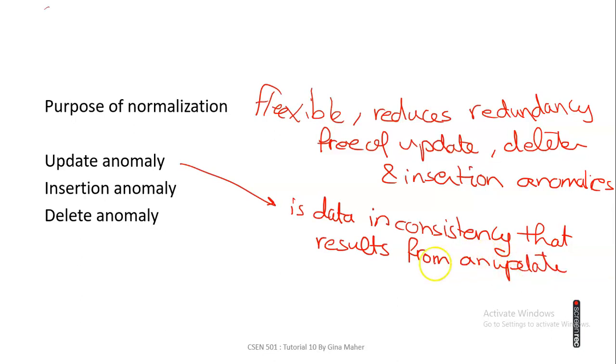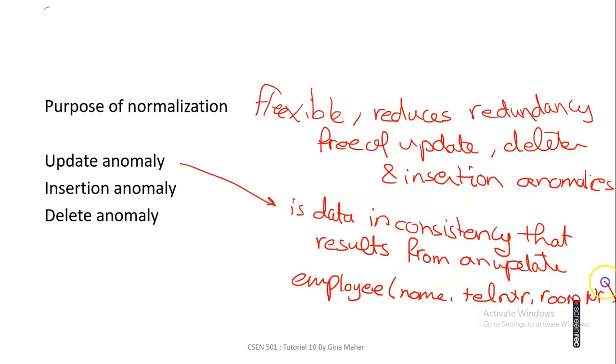Assume that we have a table employee, or relation employee, with name, telephone number, and room number. Name is the primary key. And now this employee changes their room number.